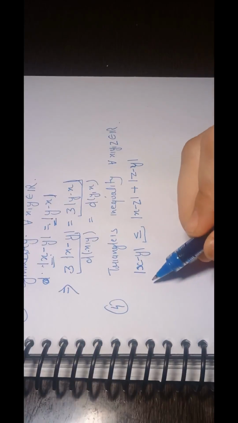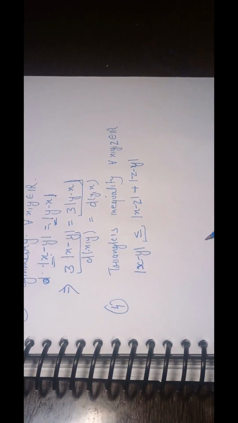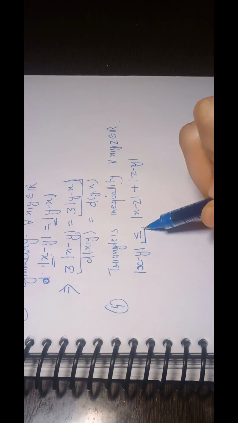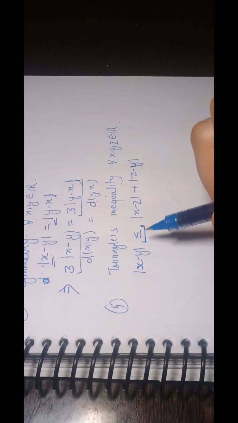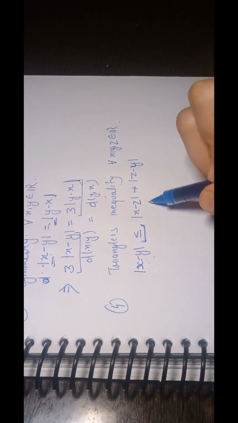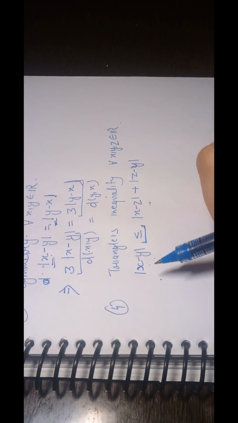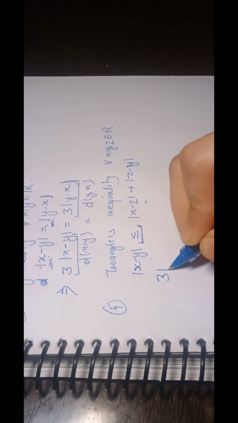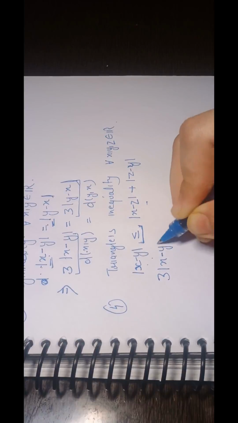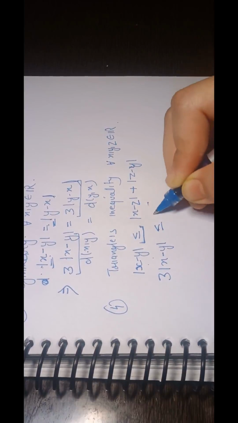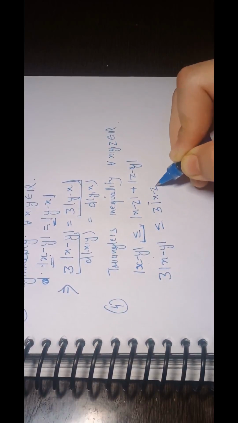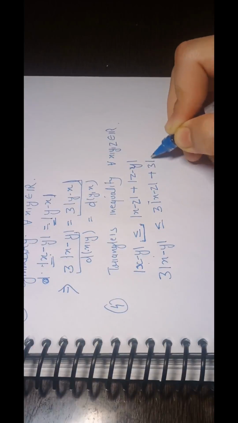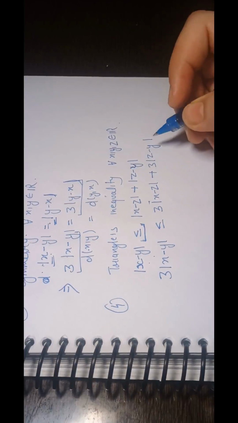Now if we multiply both sides by a positive number, will that change this inequality? No, that will not. Multiplying both sides with a positive number does not change the inequality. This is a property of real numbers. So we can multiply both sides by 3: 3 times mod of x minus y is less than or equal to 3 times mod of x minus z plus 3 times mod of z minus y.